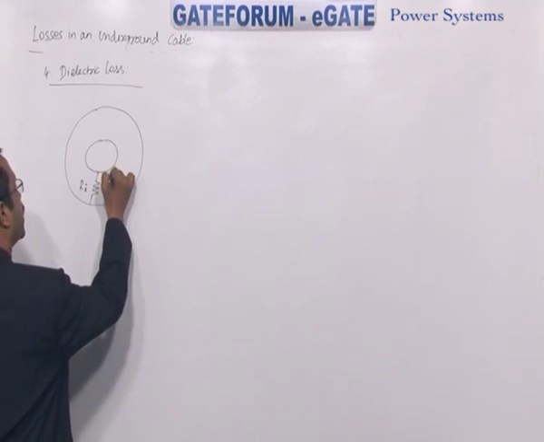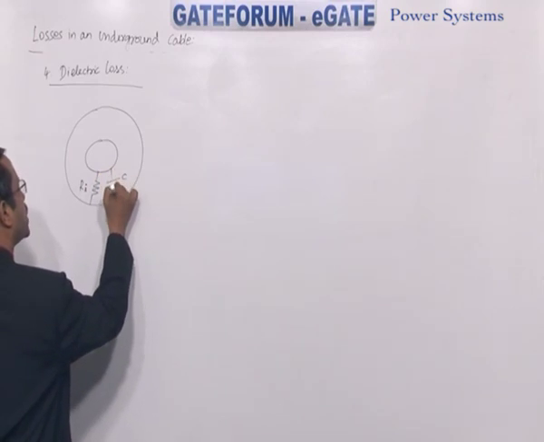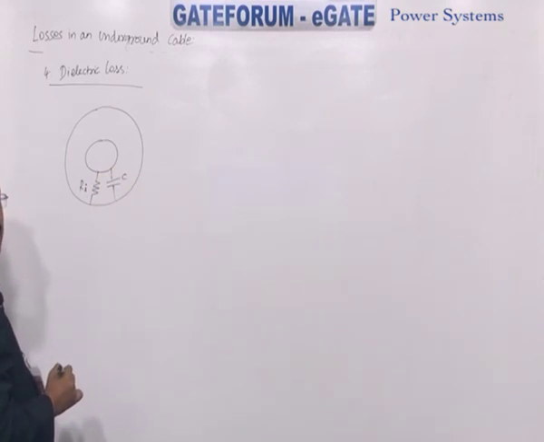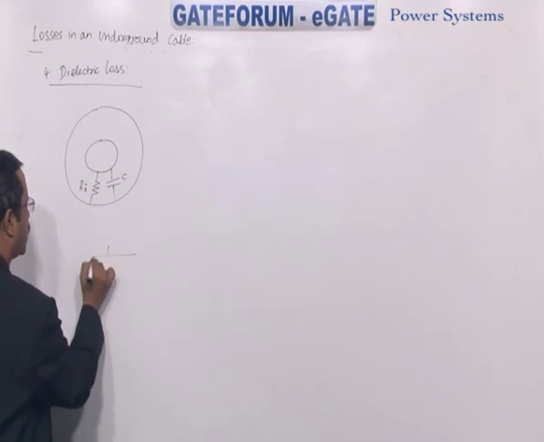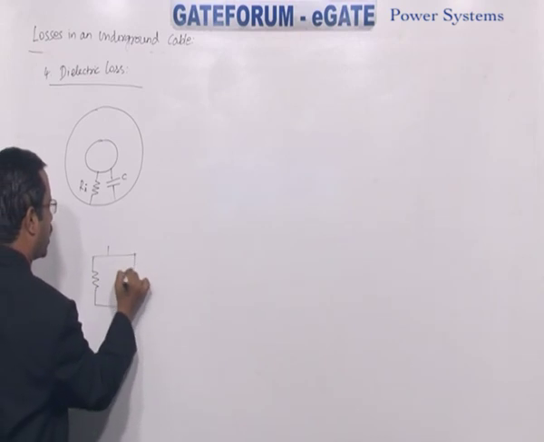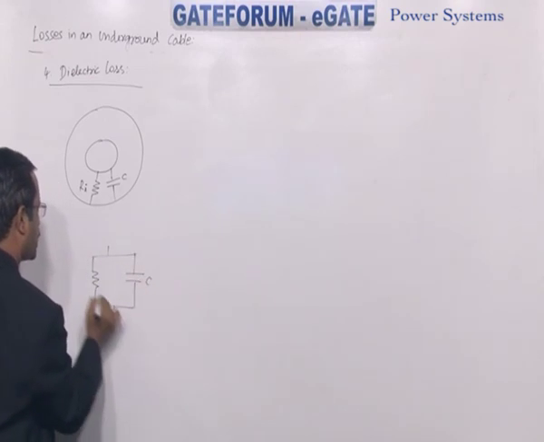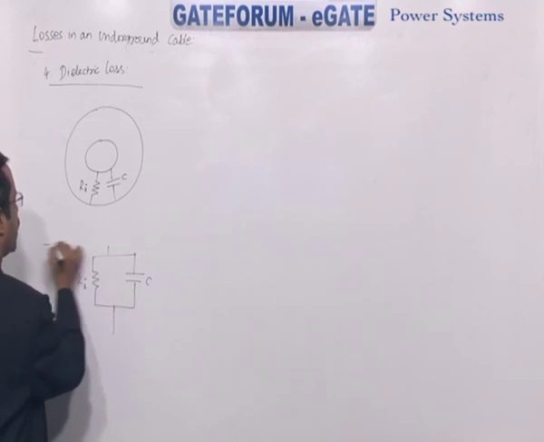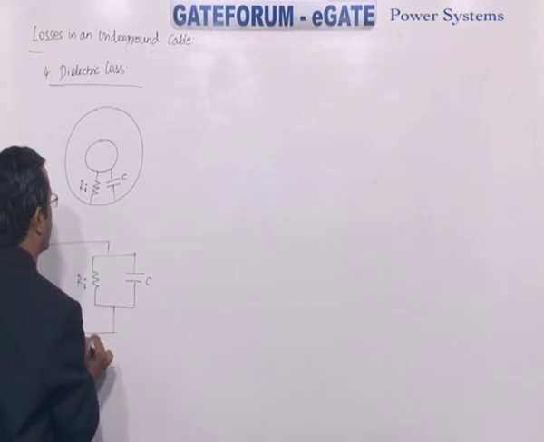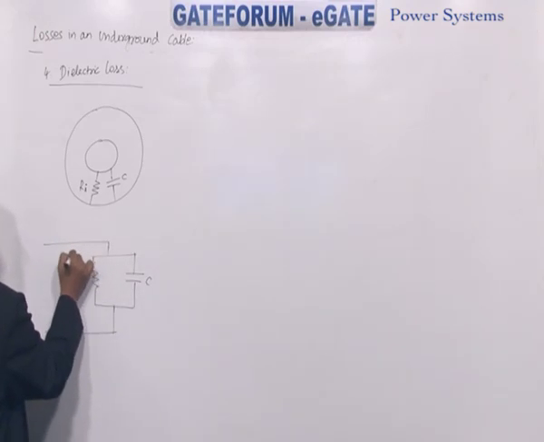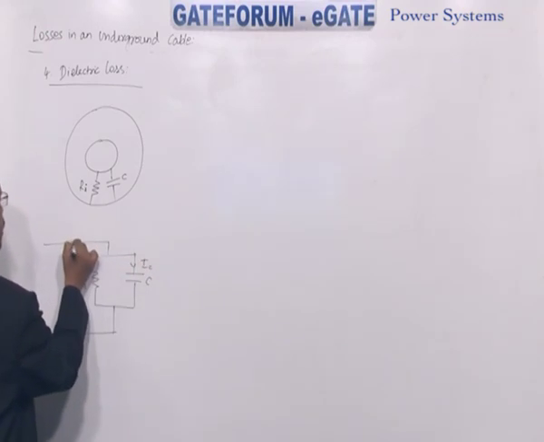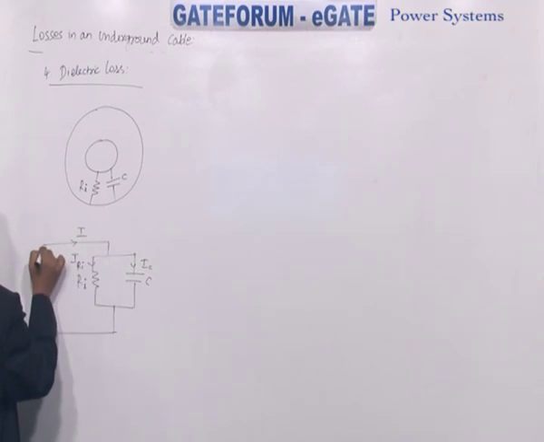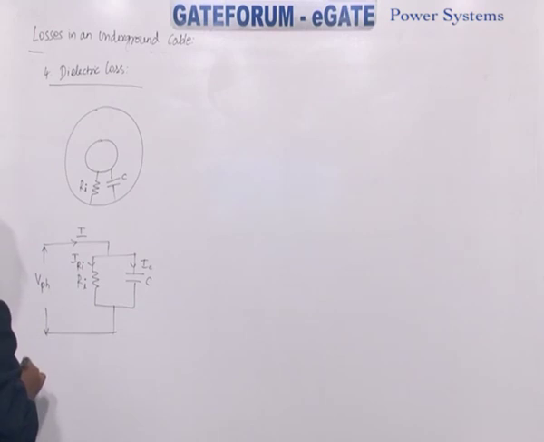In between, the dielectric you represent with a capacitor. So how you draw the equivalent circuit here? You connect a resistor Ri and a capacitor C connected in parallel. Now say the current flowing here is IRi, here it is IC. The total current is I. And the corresponding voltage is the phase voltage here.